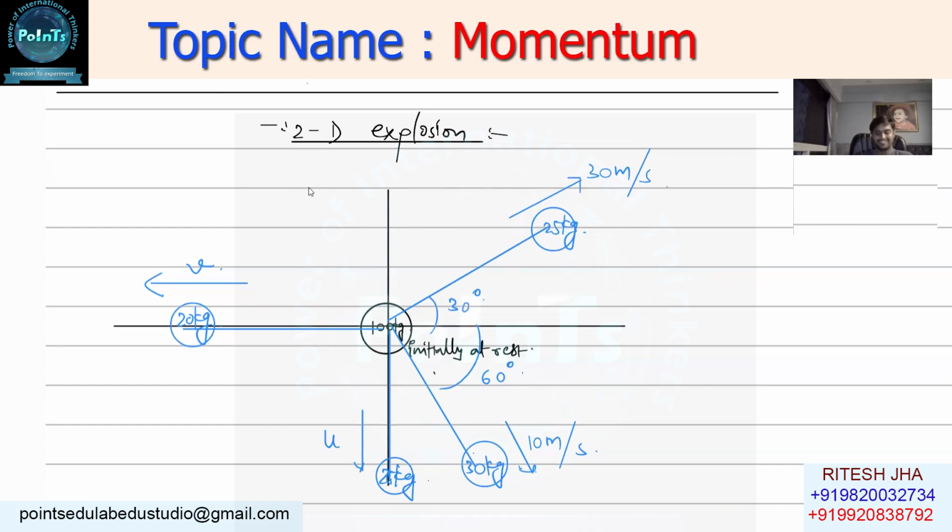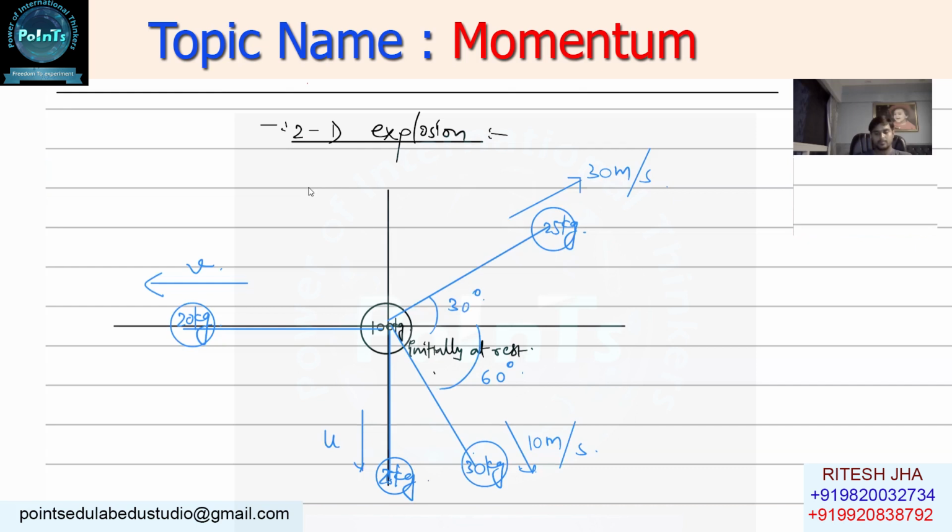Because momentum is conserved and forces act in pairs, essentially what we're trying to look for is the components of the 30 and 25 kilogram masses, and we want them plus V or U to equal 0. Probably plus V, because V is negative, U is negative along the vertical axis, et cetera.